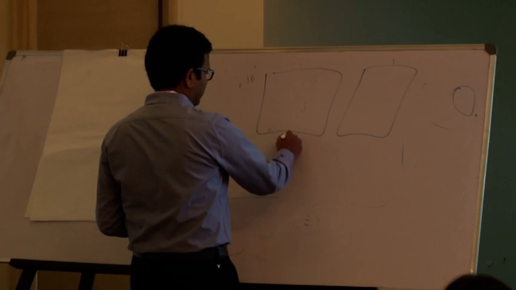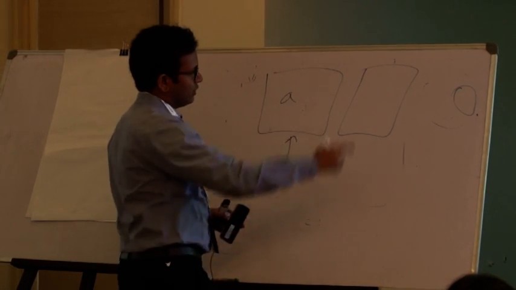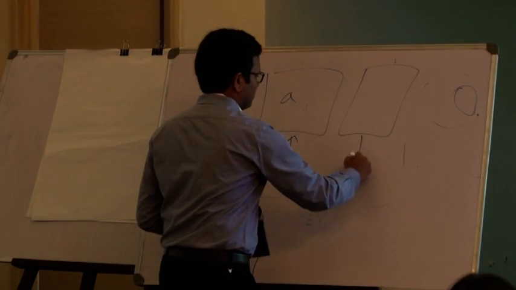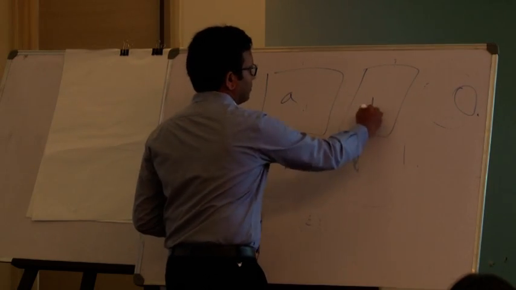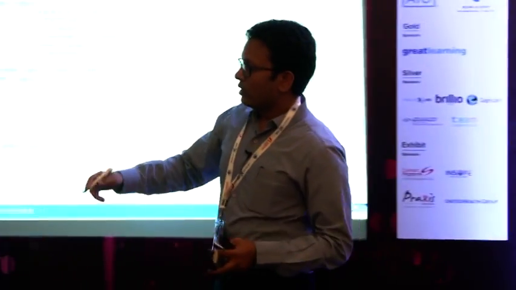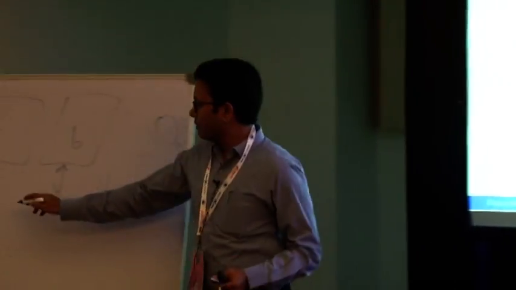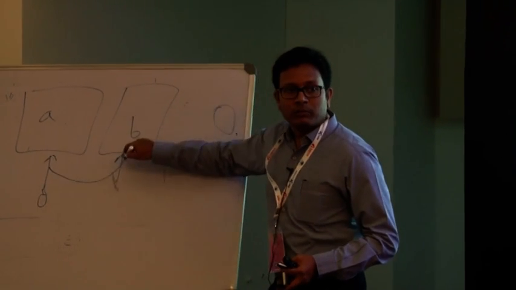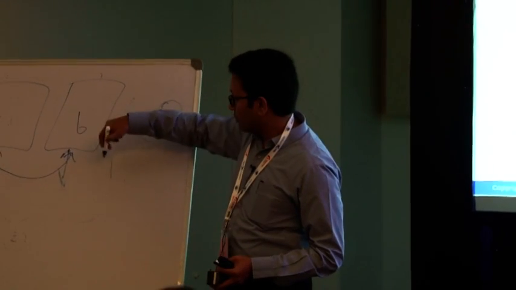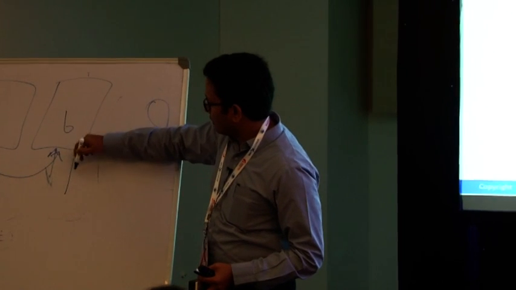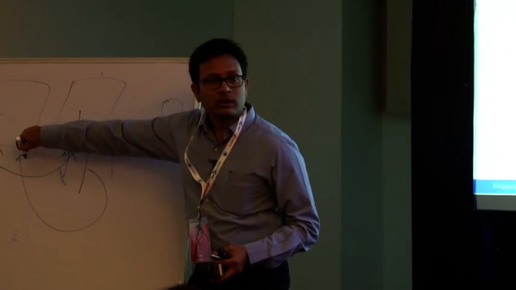I'm building my first layer of models on this A guy, train A. Then I'm building first layer of model on B. That is what I'm doing here. And next, what we will do, make use of the model which we built here, make predictions here. The model which we built using this data, we will use that to make predictions here.